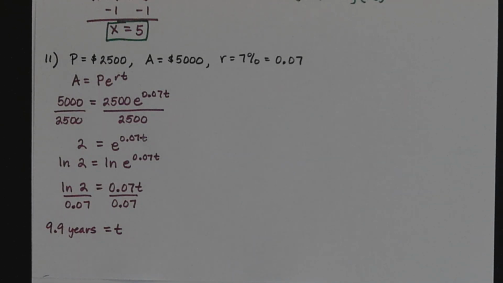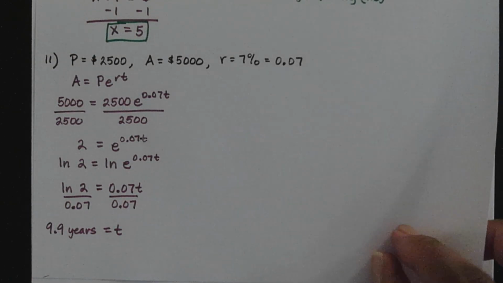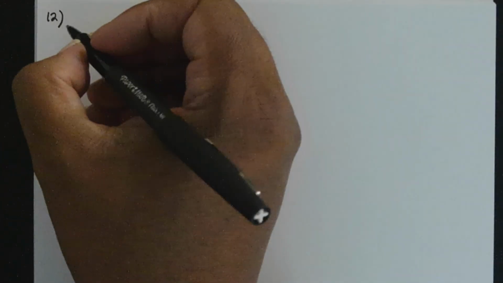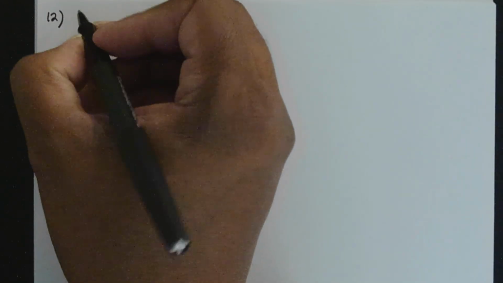Okay, problem number 12 is solving the system of equations using any method of your choice. It could be either substitution or the addition method. So we're pretty much into chapter 5 in this case.